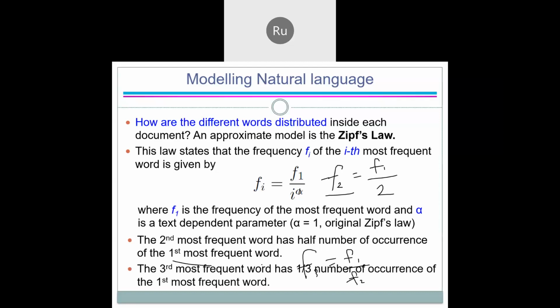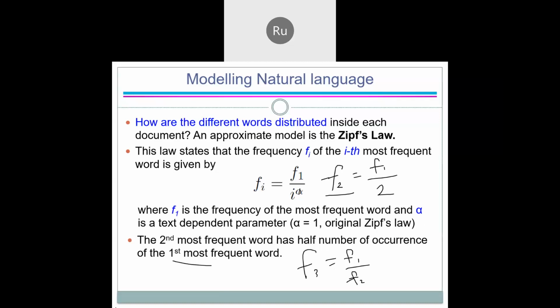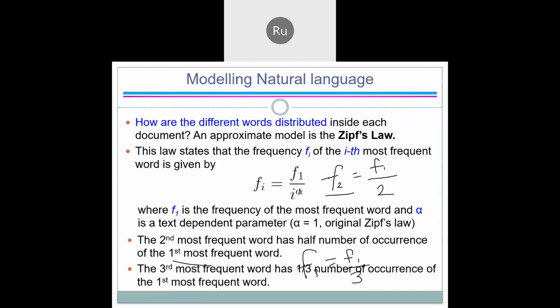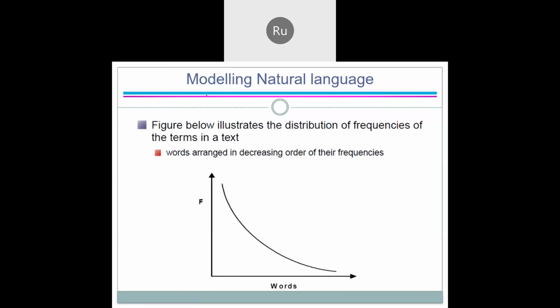Let me go back here. The formula will be like this, F1 over i. It says the third most frequent word has 1/3 the number of occurrences. So imagine you will have a decreasing number of occurrences as you go to the next one, next one, and so on. Based on Zipf's law, if we plot this, we will have something like this.